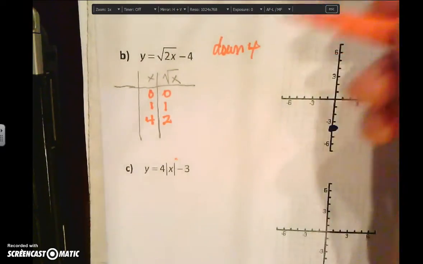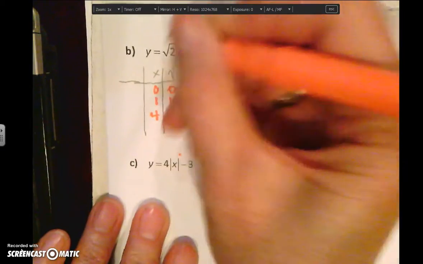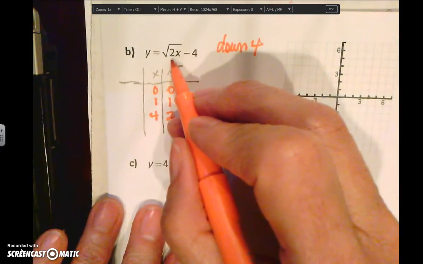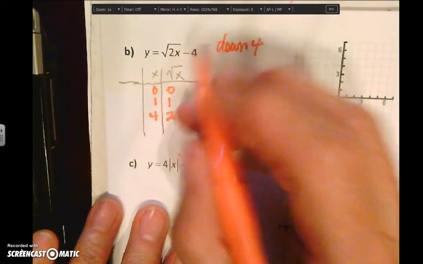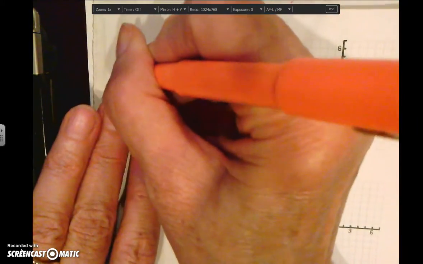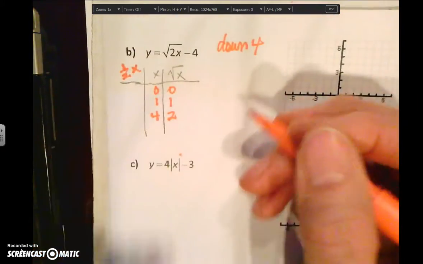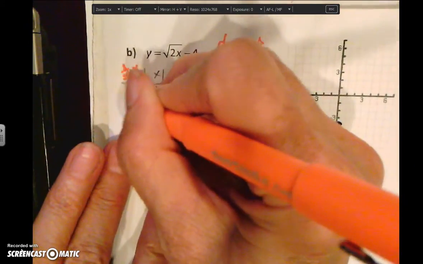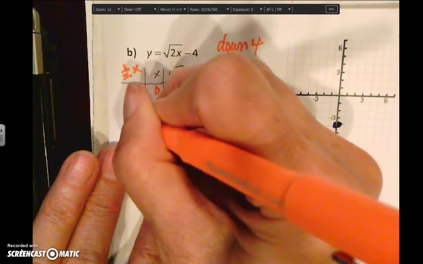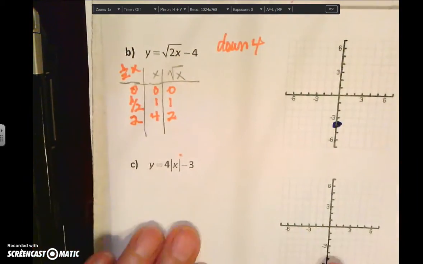And then because I have a 2 times inside here with the x, it's going to affect the x value, but it always does the opposite of what we think. So it's going to multiply it by 1/2 times x. So 1/2 of 0 is 0, 1/2 of 1 is 1/2, and 1/2 of 4 is 2.